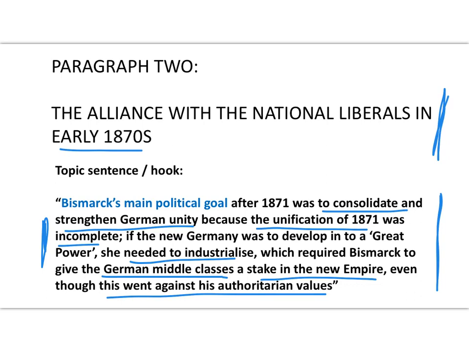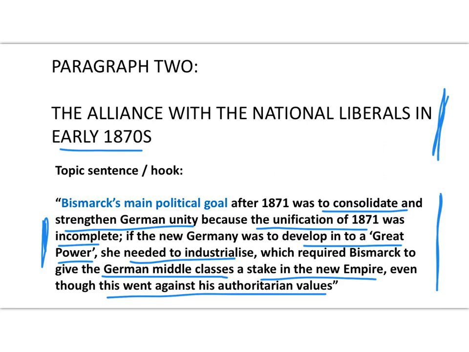So what the topic sentence is clearly doing here is explaining the goal. It's not just stating the goal, it's explaining it. The underlying reason why Bismarck needs to get the buy-in of the middle classes is that the middle classes are the leaders of industry, and Germany must industrialise if Germany is going to sustain or achieve a position as a great European power.